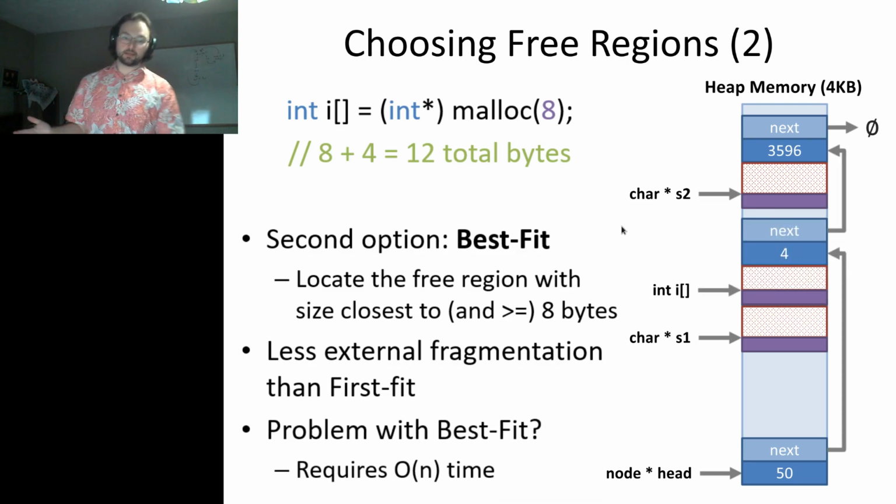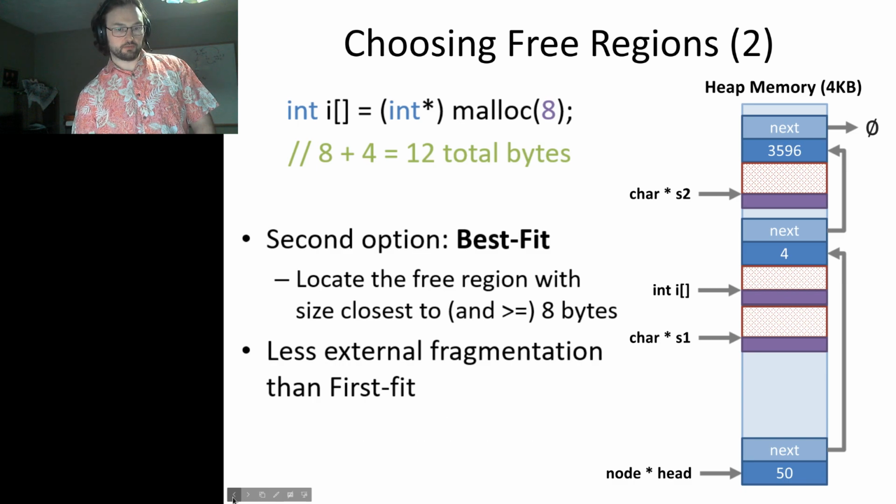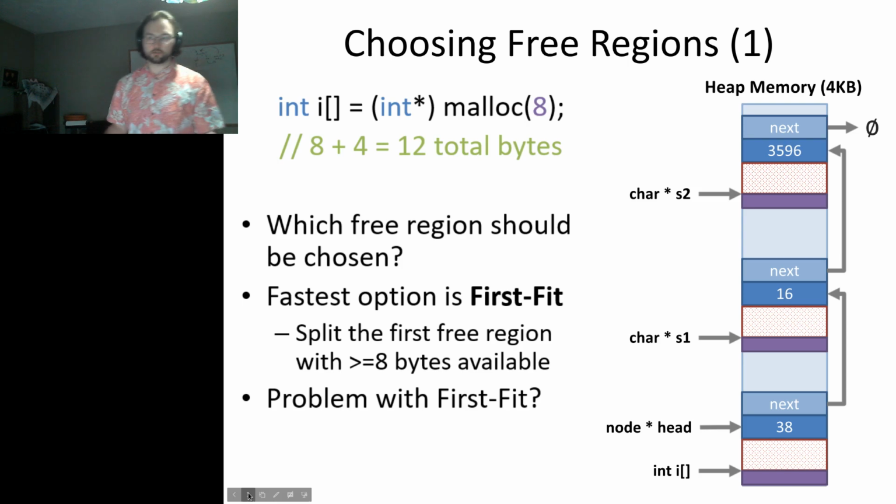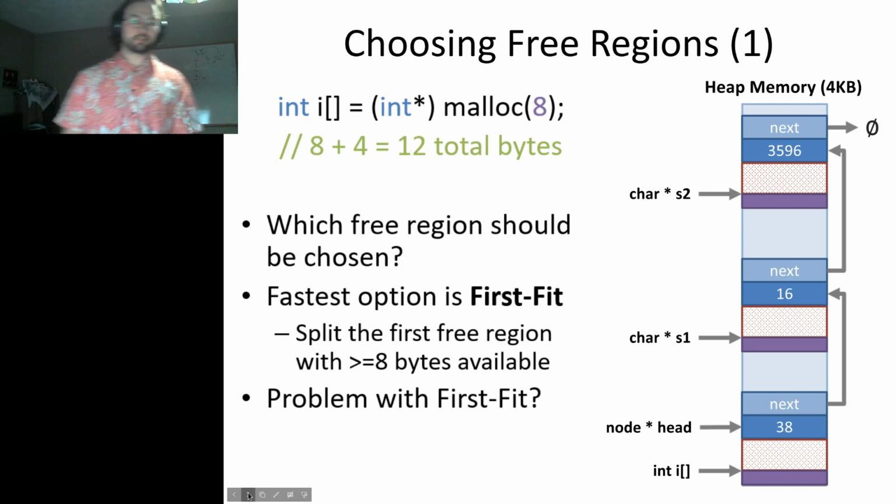Unfortunately, the downside to that obviously is that it's going to require big O of n time. The claim is that this other method is somehow faster. First fit here is going to somehow be faster than big O of n time. It's not. This still takes linear time, because it could be that we're trying to allocate 300 and we have to search through the entire list before we find a space that is sufficiently large.